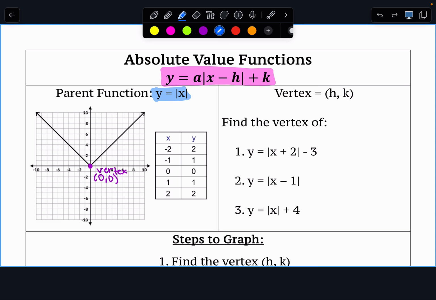So, if I am asking you for what is the vertex here on number 1, this is absolute value of x plus 2 minus 3. This is x plus 2, but it should be x minus a number. So what number are we minusing from x? -2.